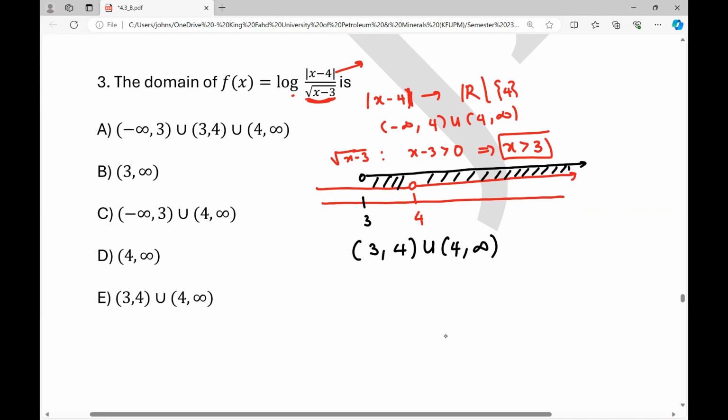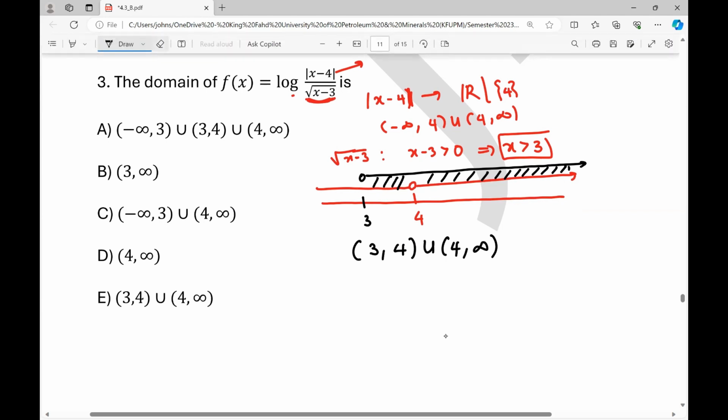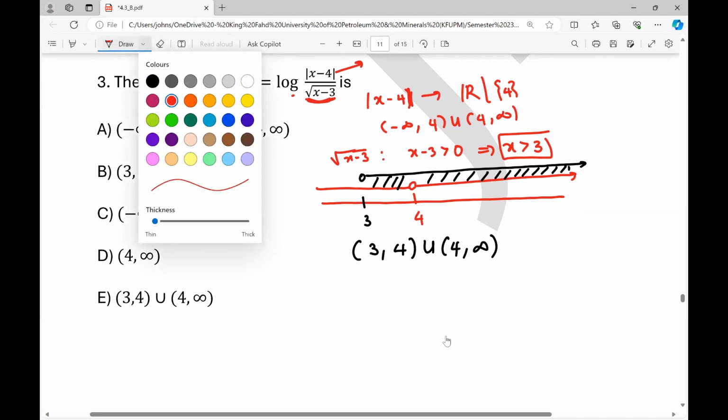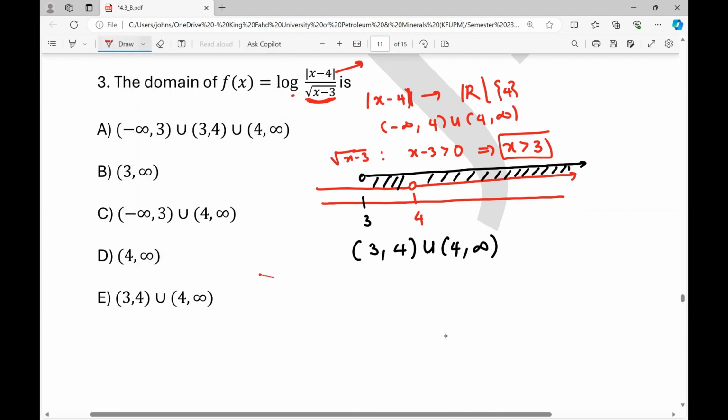And as you can see here, you can always test. Let me solve it in a different way that might be okay for others. So we want to find the domain. We want the whole of this to be positive.